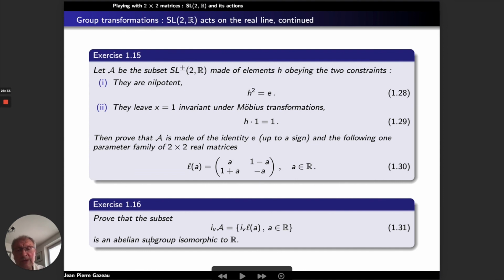Now prove that the subset where you multiply this subset by the inversion in the line is an abelian subgroup isomorphic to R. And this is an interesting exercise. So I will stop here.